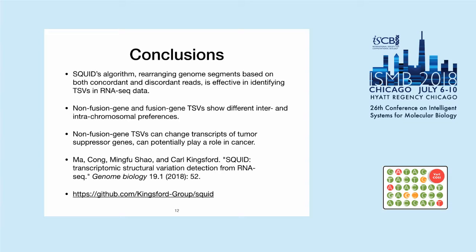And we are able to identify novel non-fusion gene TSVs involving tumor suppressor genes. This type of non-fusion gene TSV can potentially play a role in cancer, but further experimental validation is definitely needed. But this type of TSV is not able to be detected by previous methods.